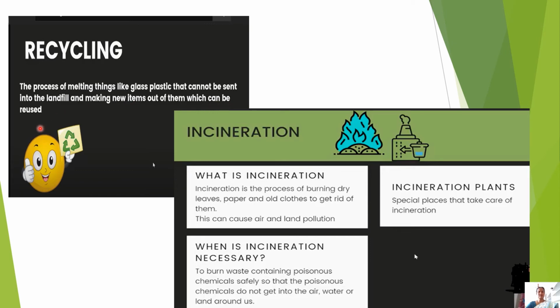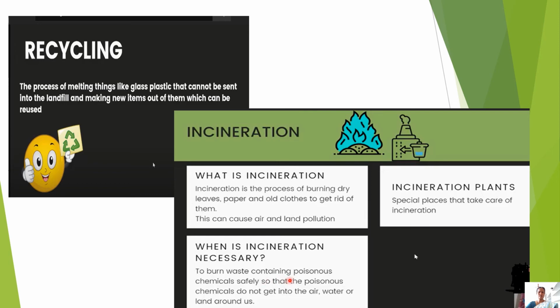The next one is the incineration method. What is incineration? Sometimes people burn dry leaves, paper and old cloth to get rid of them. This can cause air and land pollution. However, sometimes the waste contains poisonous chemicals.